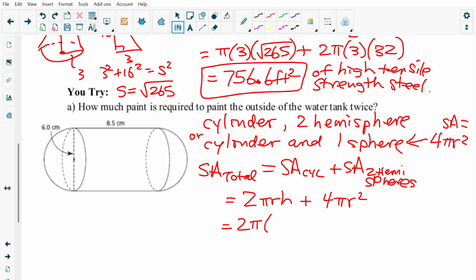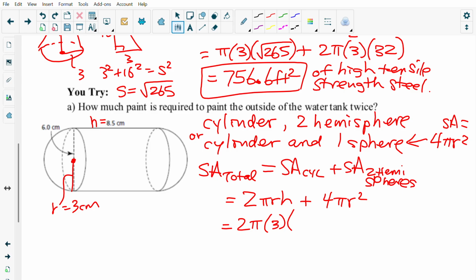Let's plug everything in. 2 times pi times r. The radius is the radius of the sphere. That's the diameter, so the radius, r, equals 3 centimeters. So 2 pi times 3 times the height. It's on its side, so that's still the height of the cylinder. Oh, sorry, this is the cylinder.